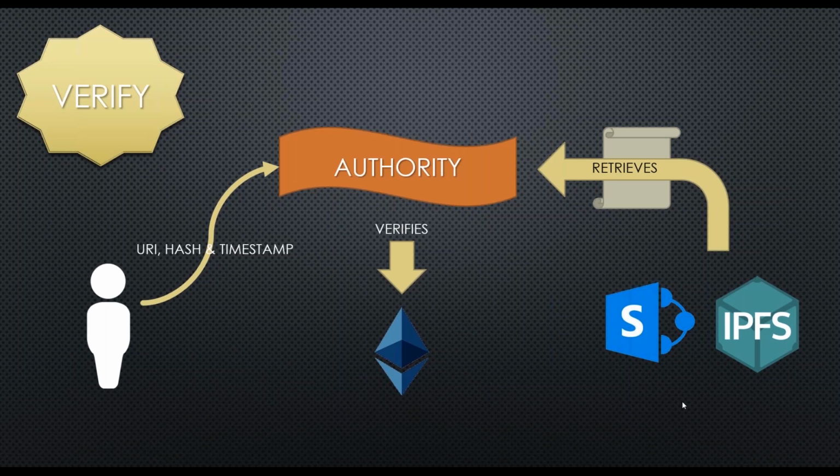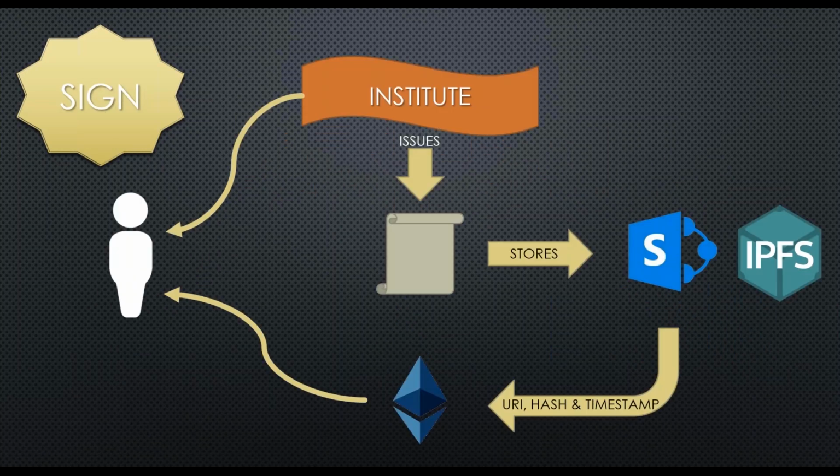And because this certificate has been already verified before, I mean, it's been issued by an institute and stored with this information in a blockchain, and the blockchain is immutable, I know that it is genuine, that it exists and has not been modified by any other parties.